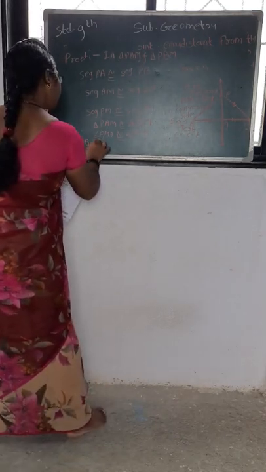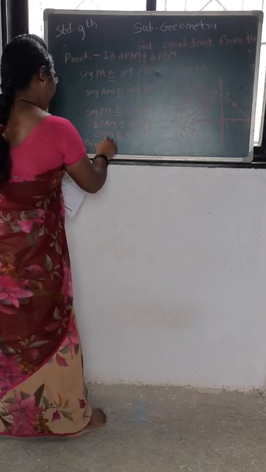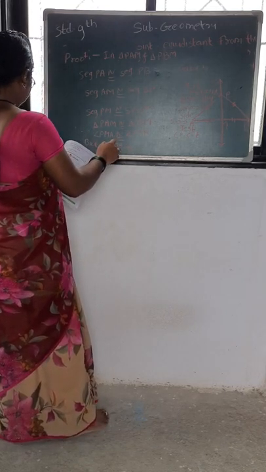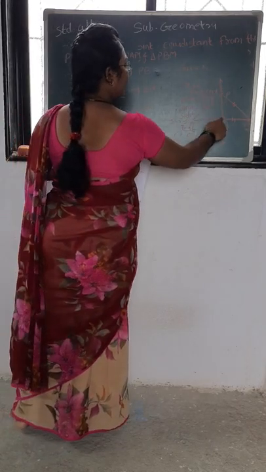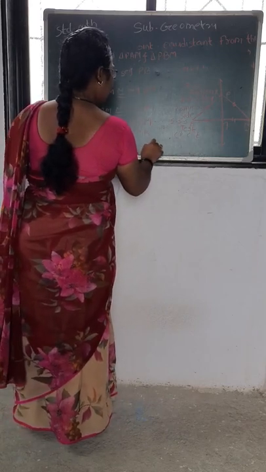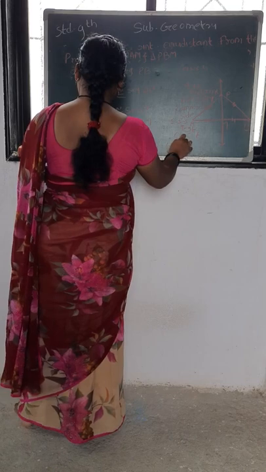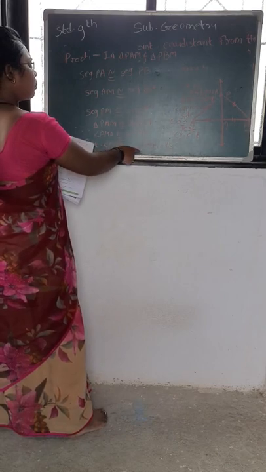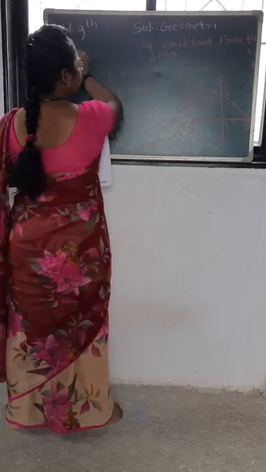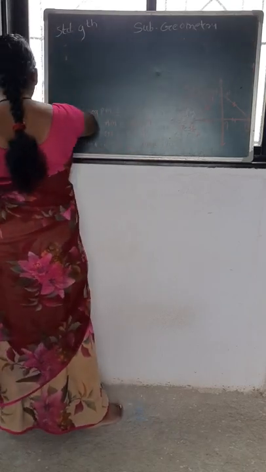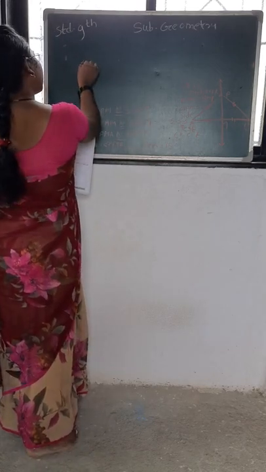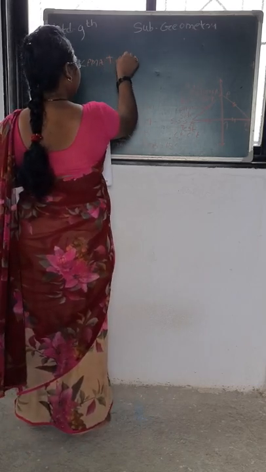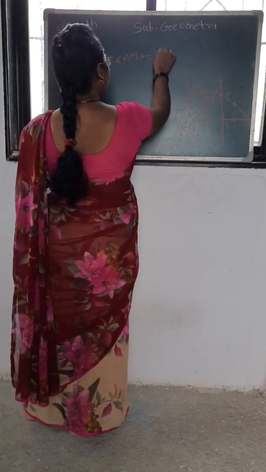But angle PMA plus angle PMB is equal to 180 degrees. Therefore, writing PMB as PMA, angle PMA plus angle PMA is equal to 180 degrees.